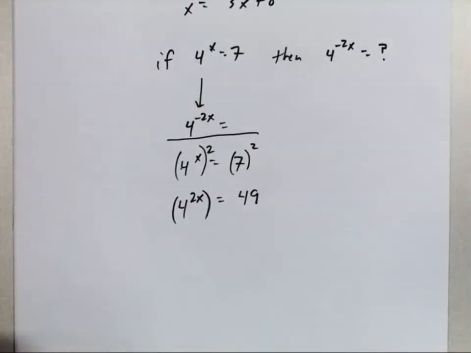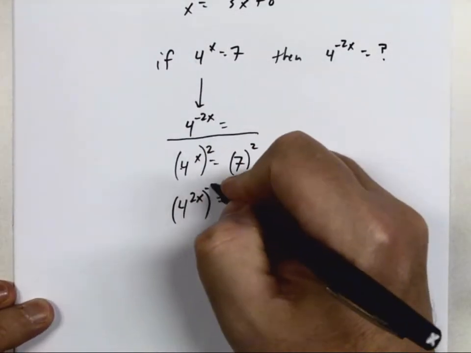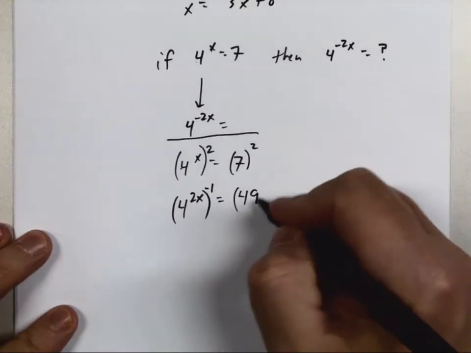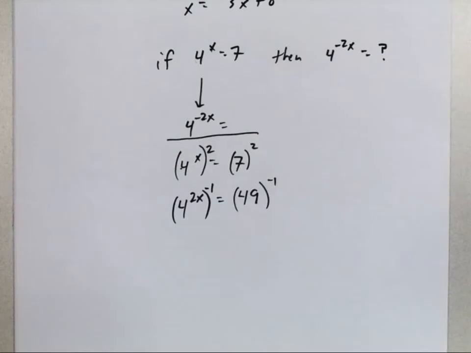You know what I can do? I can raise the whole left-hand side to the negative 1 power. I can do that as long as I do the same thing to both sides. You know, in the world of math, when you have an equation, you can do almost anything you want to an equation as long as you do the same thing on both sides.